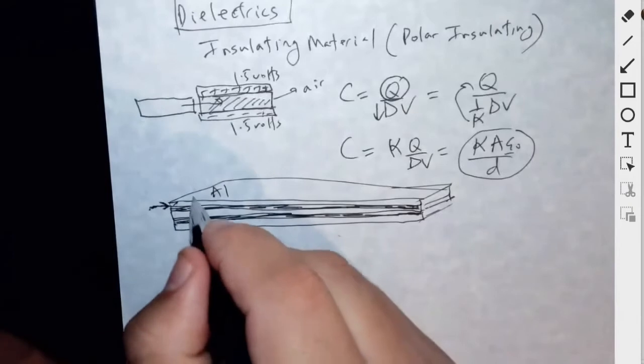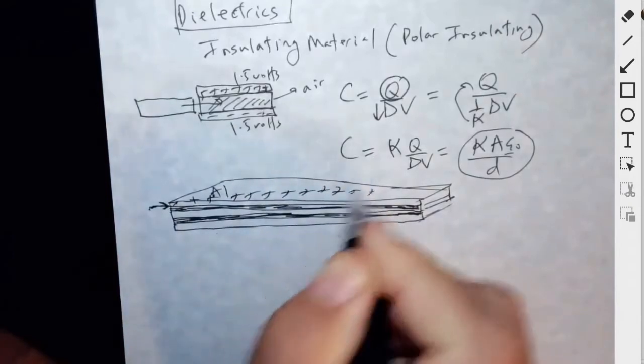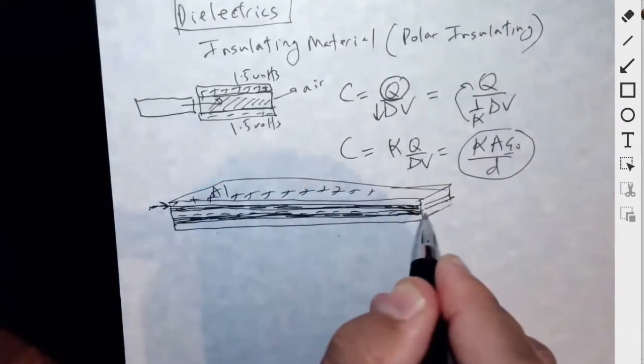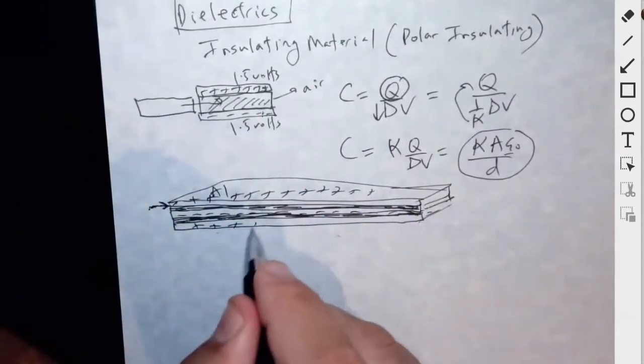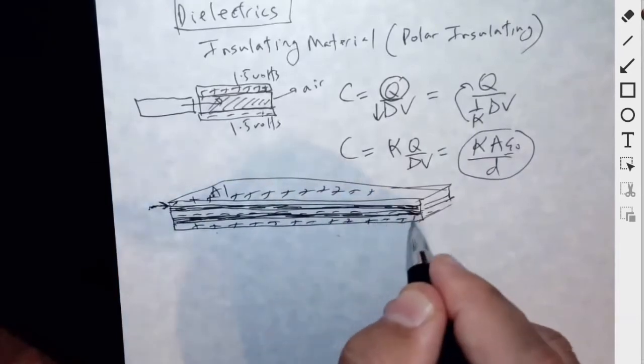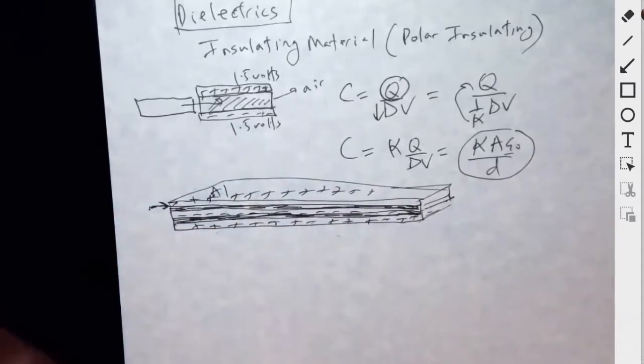So let's just say this is the positive, and this is going to be negative, and this is going to be positive. Right? And then the next one is going to be negative, and so on. So actually this kind of connects to our very next topic, which is series and parallel circuits.